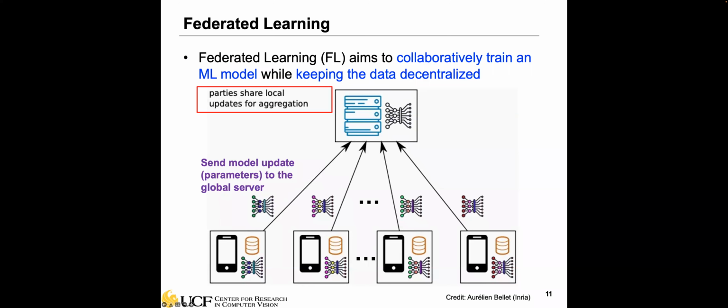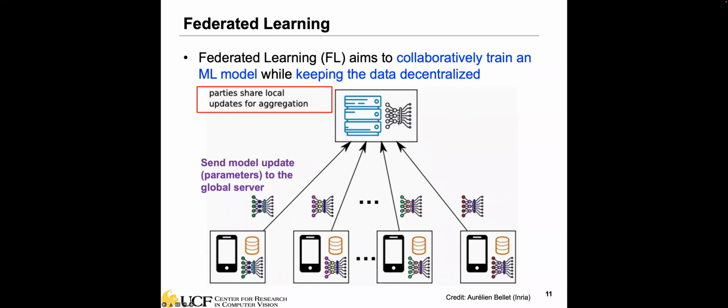As you can see here, each of the model parameters is shown in a different color, to indicate there are differences because the data are different. Each client has their own data, so the model updates can also be very different.